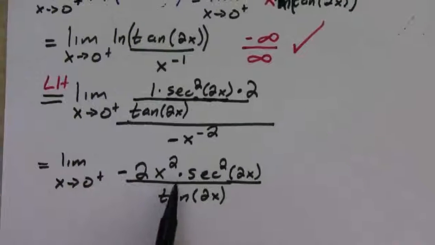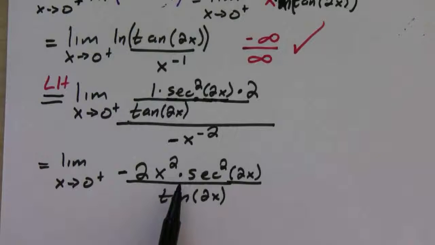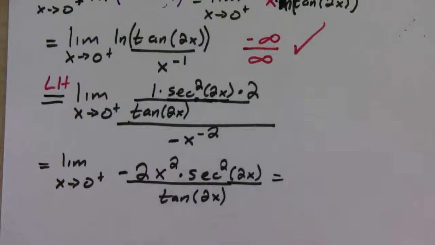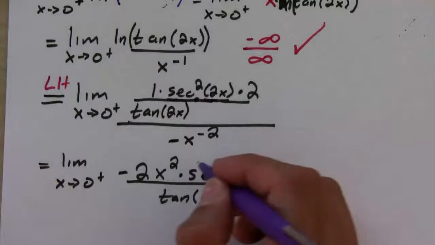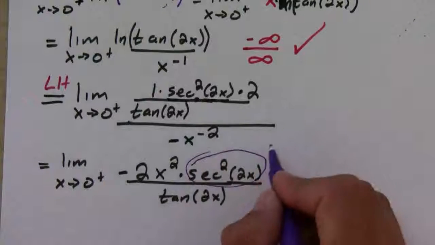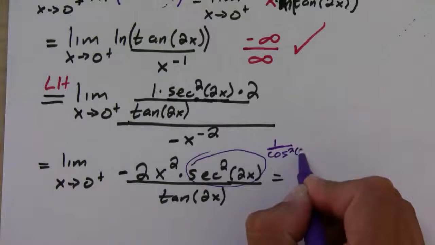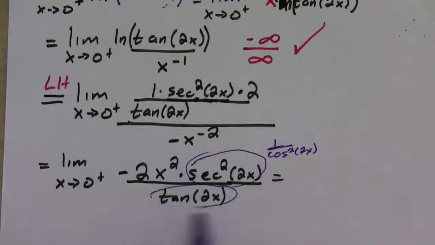You might be tempted to just use L'Hopital's rule here again, but you should look for things that simplify. I don't know if this is going to lead me anywhere, but remember that secant is 1 over cosine, so this is 1 over cosine squared of 2x. And then this guy is sine of 2x over cosine of 2x.